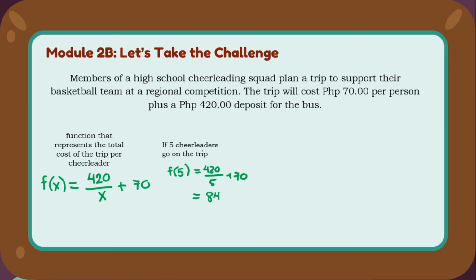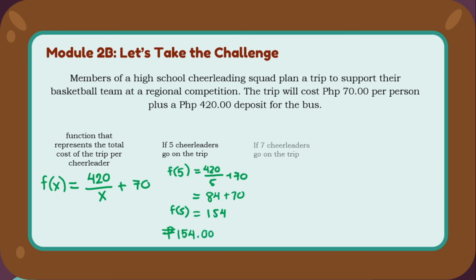Very good. 84 plus 70 is equal to 154. f of 5 is equal to 154. Therefore, kapag 5 cheerleaders ang sumama sa trip, magkano ang kanilang babayaran? Magbabayad sila ng 154 pesos.